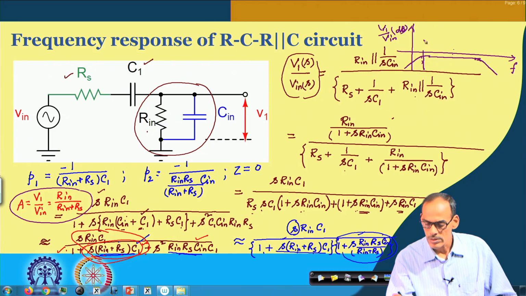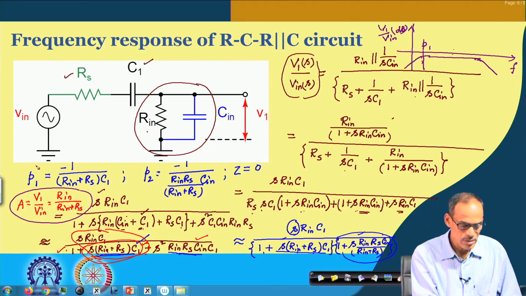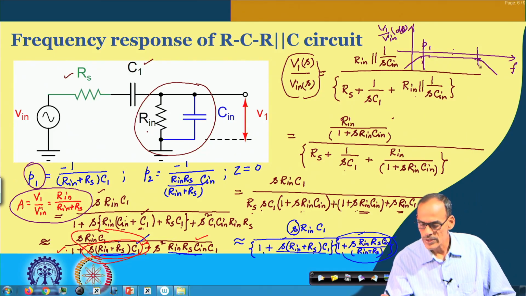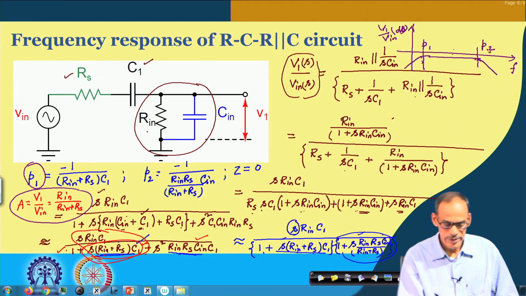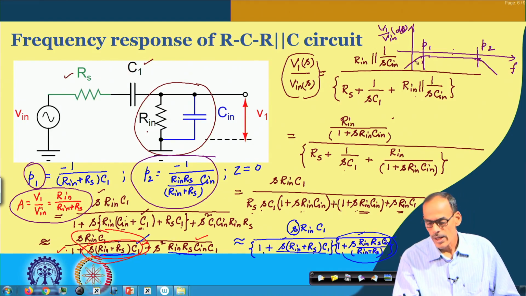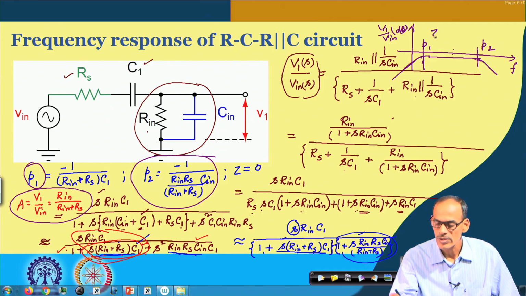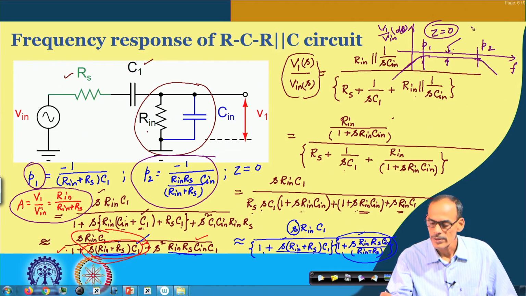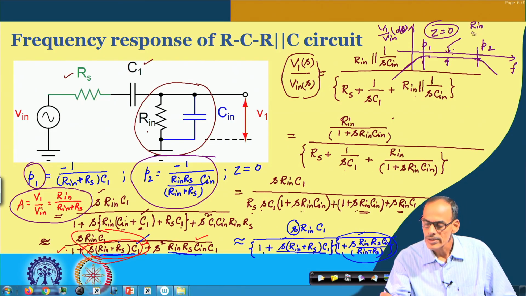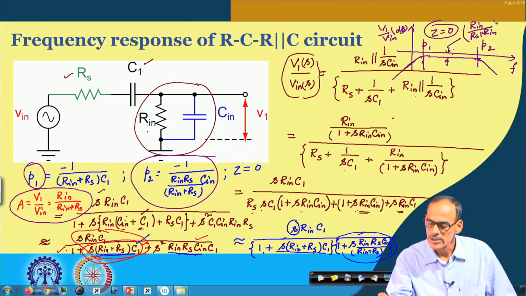So, we do have the first pole here P 1 given by that expression, and then P 2 given by this expression, and it starts with a 20 dB per decade slope at the beginning, which means that it is having a 0 at 0 frequency, and this attenuation is essentially R in divided by R s plus R in, and this needs to be converted in dB. Okay.